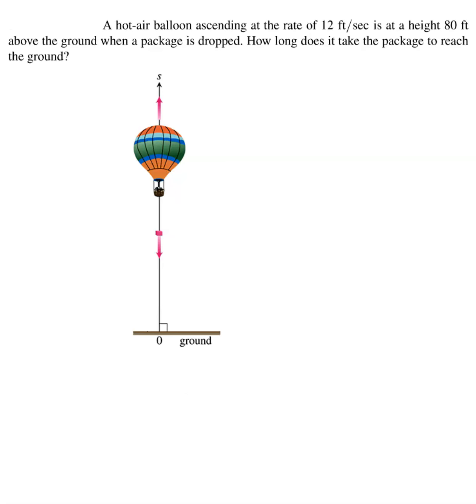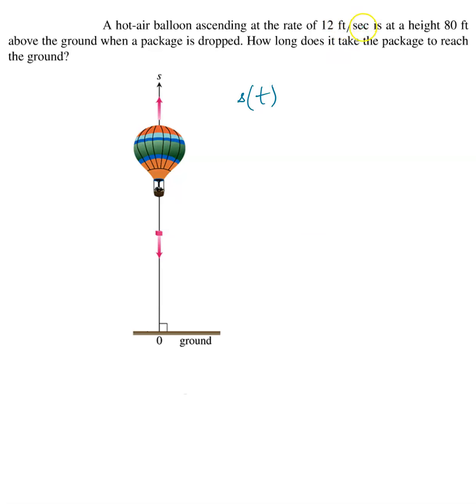Alright, now we have a physics problem technically. So we can think of the position, the velocity and all that, right? What we see here is feet per second, which tells you that it is velocity, distance over time.